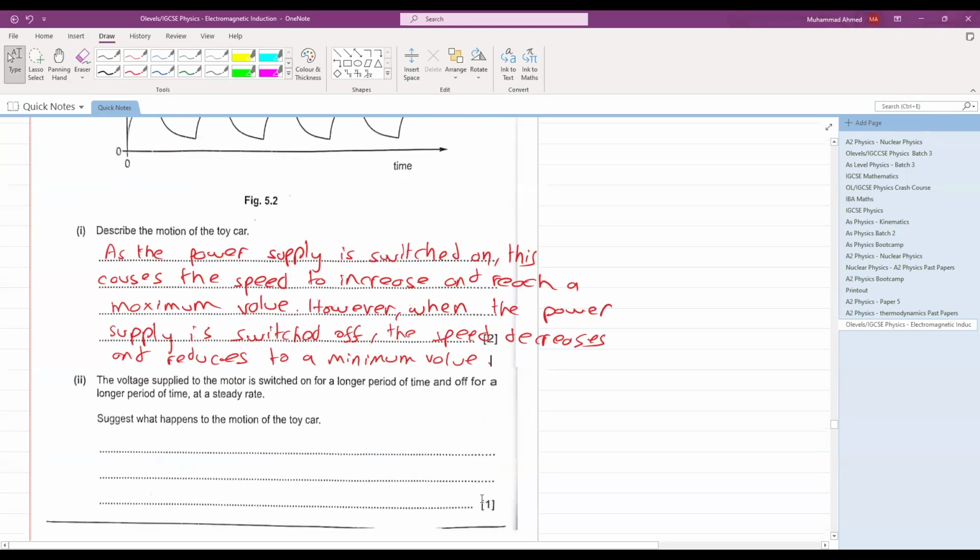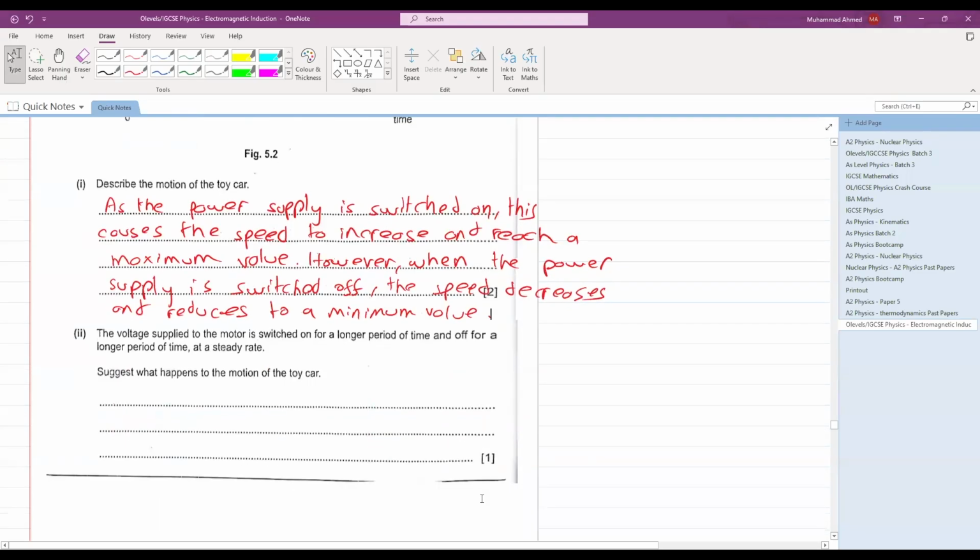The voltage supplied to the motor is switched on for a longer period of time and off for a longer period of time at a steady rate. Explain what happens to the motion of the toy car.